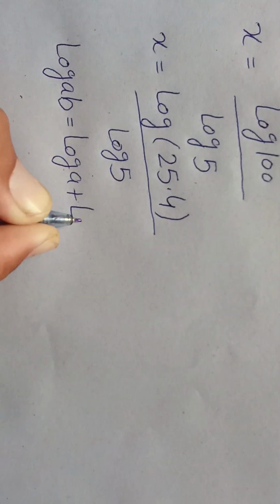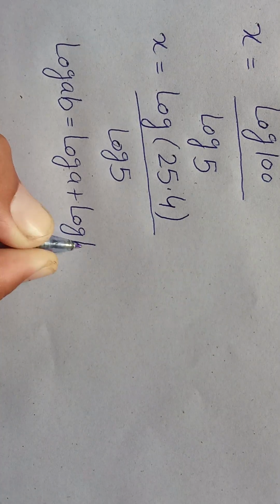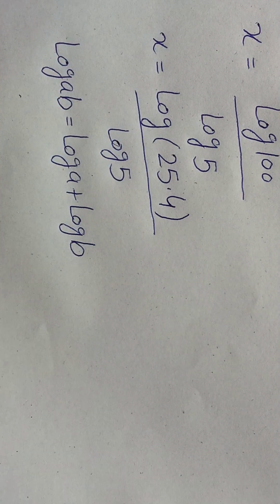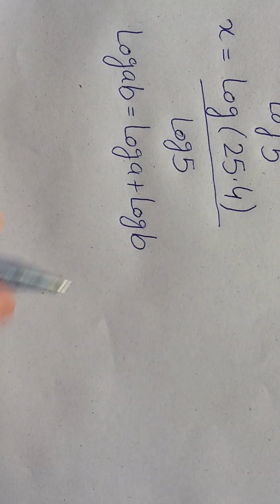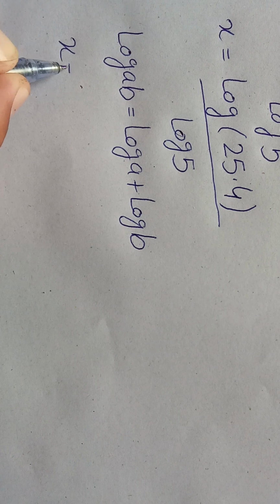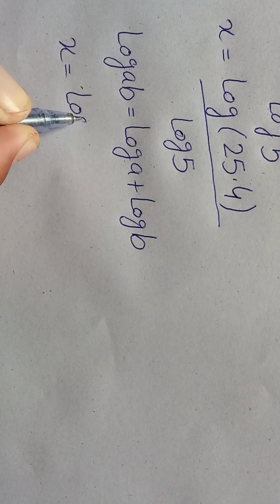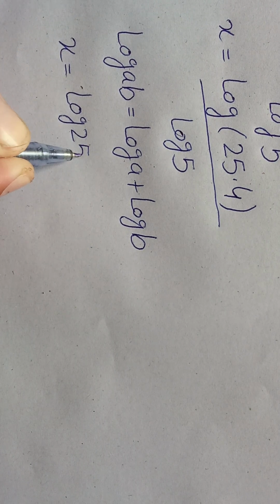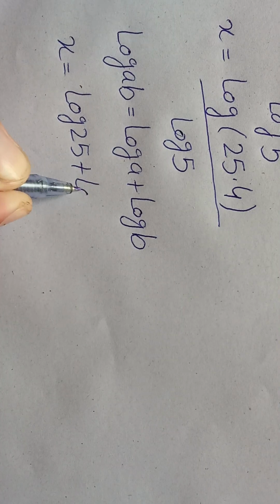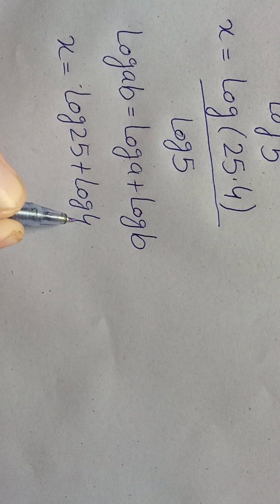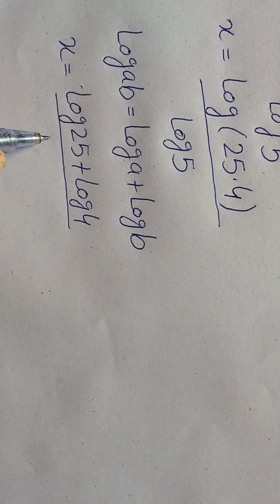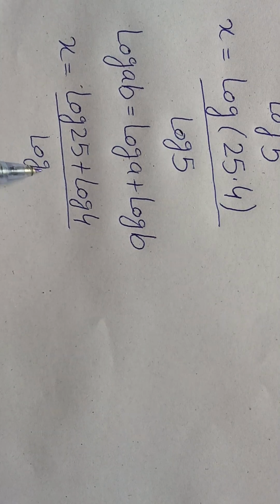We can apply this log rule on the right side numerator. So it becomes x is equal to log 25 plus log 4 divided by log 5.